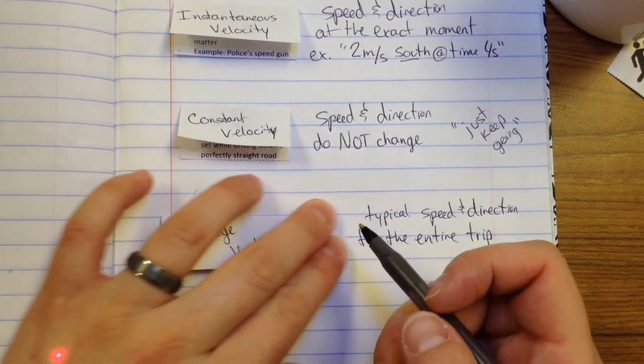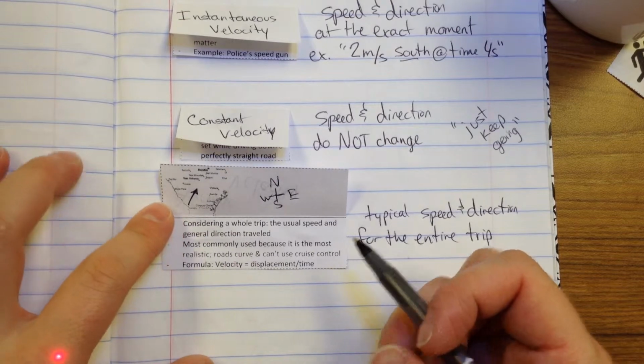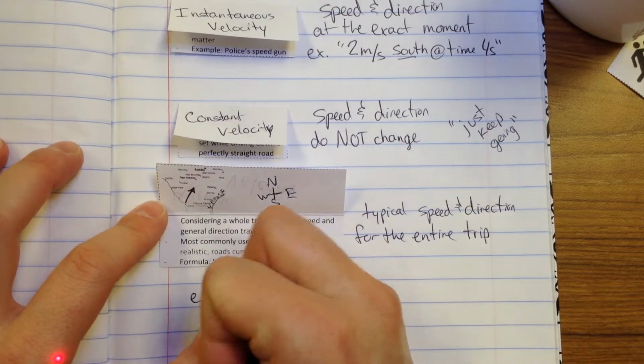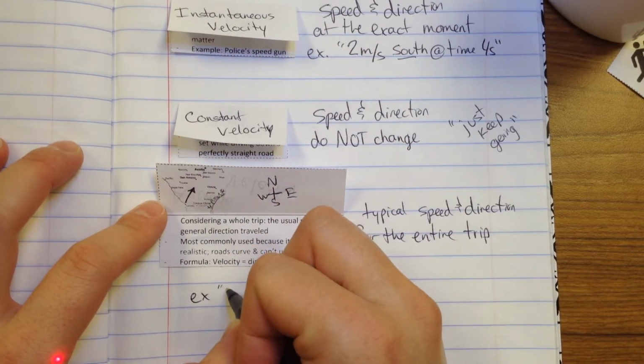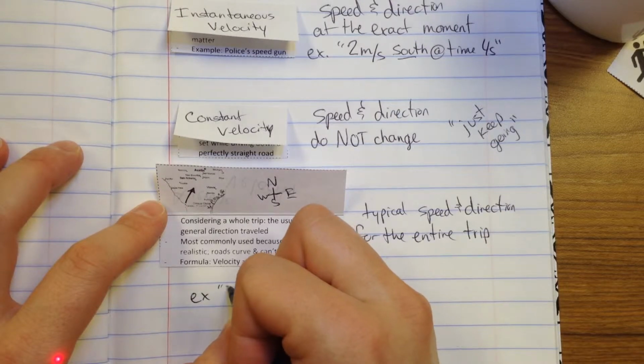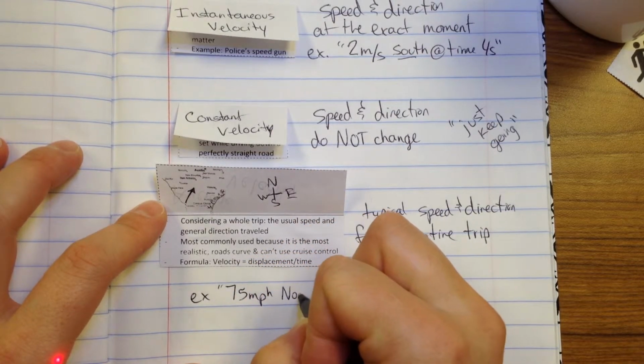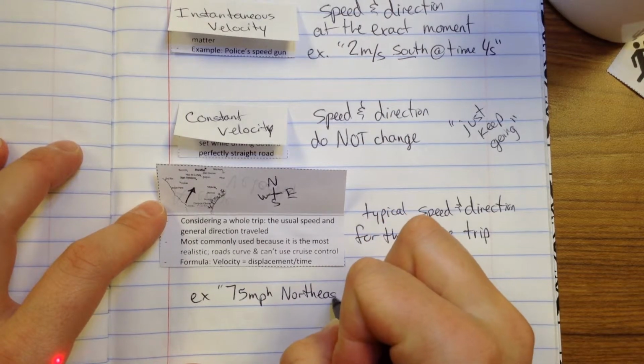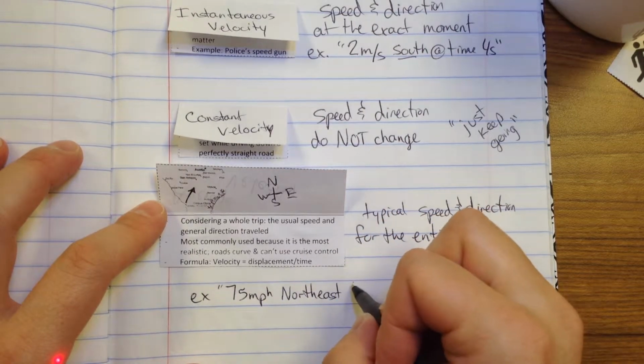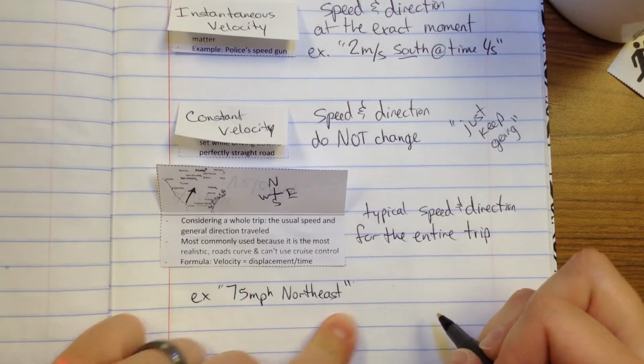And if I was going to describe my velocity to get there, so my example, all right, 75 miles per hour northeast. All right, 75 miles per hour northeast.